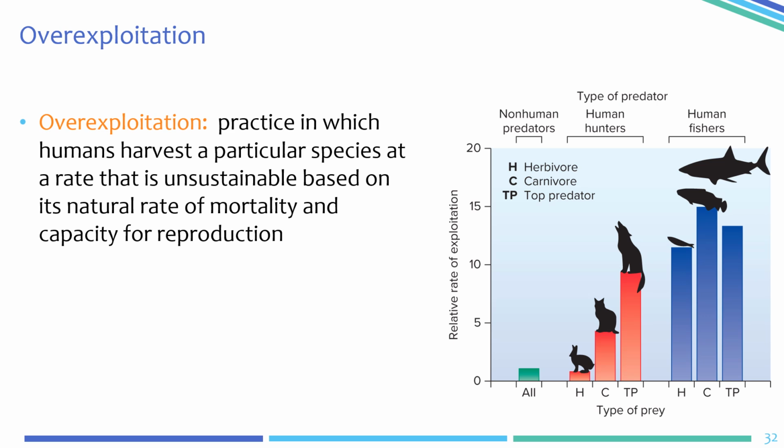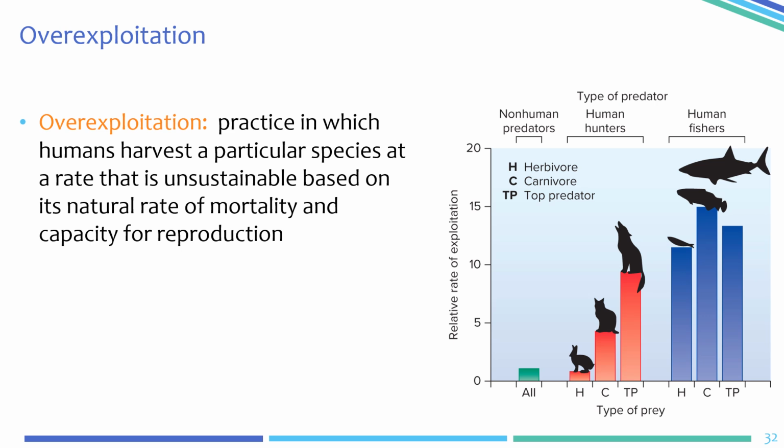So human hunters have a big impact on top predators, reducing those organisms because historically they have been seen as a competitor for livestock and personal property. And then you have herbivores and middle-level carnivores. Humans are impacting those as well.